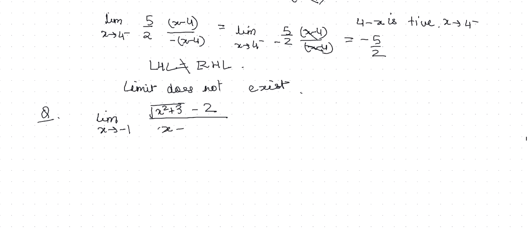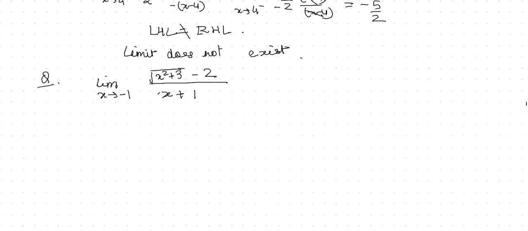So when we have to solve these problems, we can multiply with its conjugate, square root of x square plus 3 plus 2, in numerator and denominator and try to simplify it.